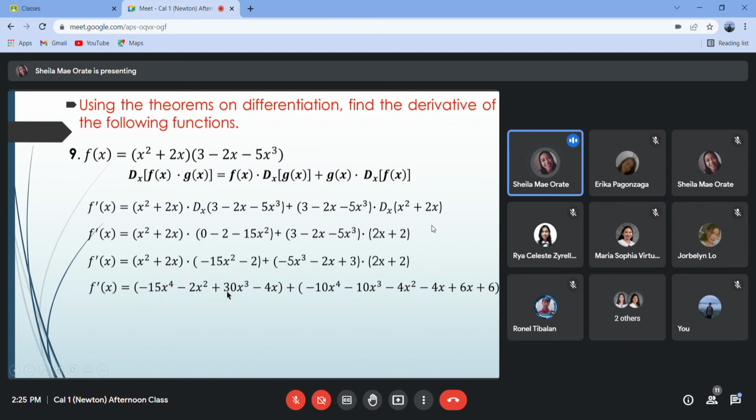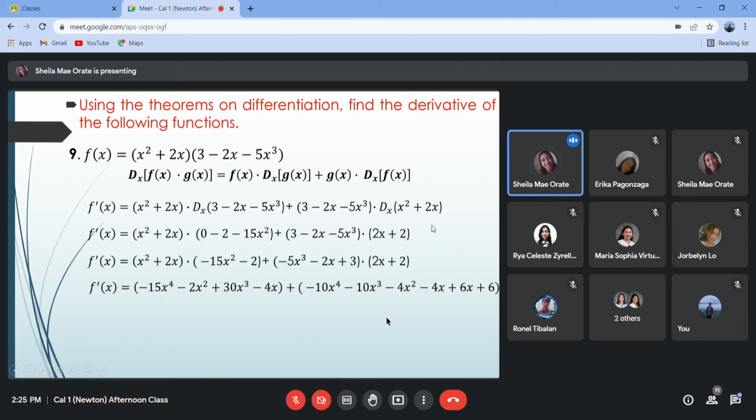Namali ko. I-change nato, ha, wait lang. Plus, so negative 10x raised to the power of 4. Then we have negative 30x cubed. Then negative 2x squared, negative 4x squared, negative 4x, okay, correct.